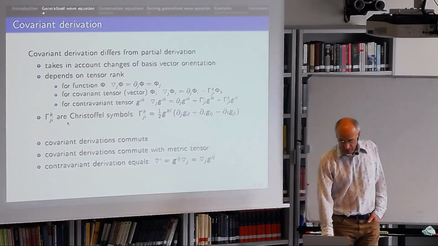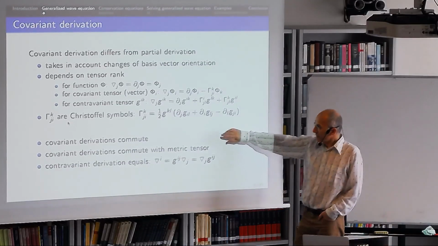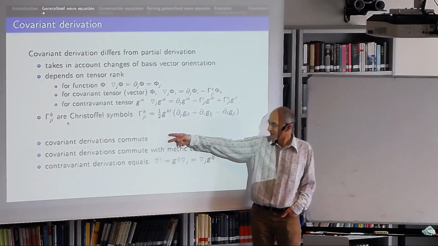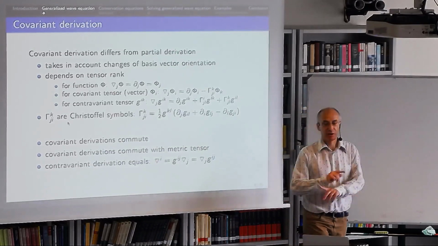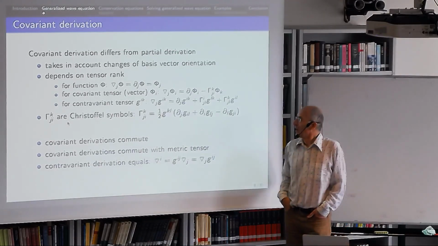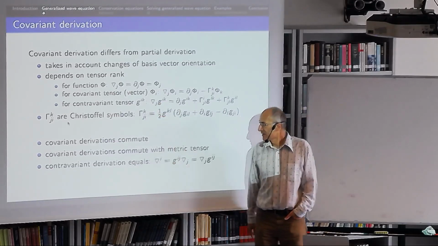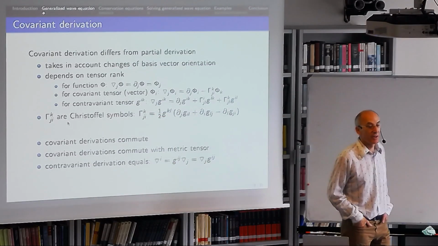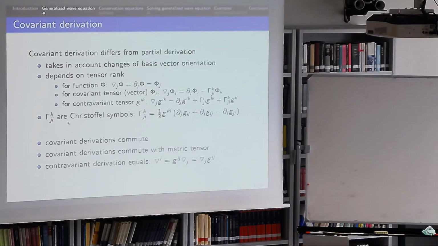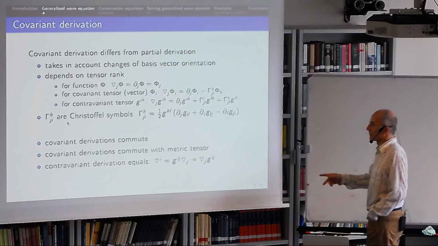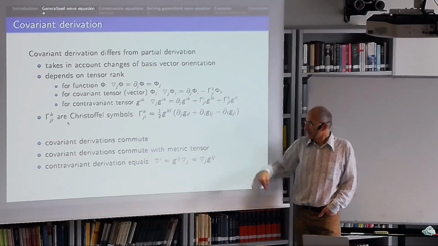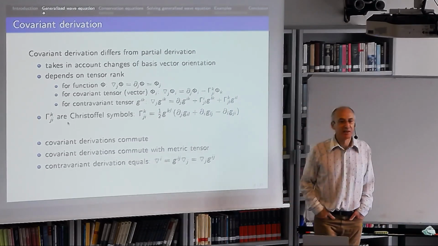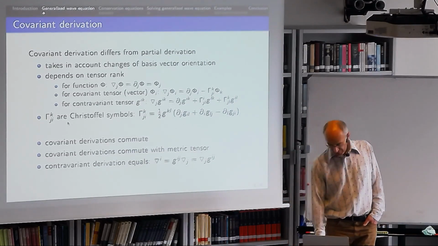What is important, and I won't go into more details, is that covariant derivation commutes, so we can invert the order of the deltas here, or triangles. Covariant derivation commutes with the metric tensor. That means basically that the covariant derivation of the metric tensor is identically null.